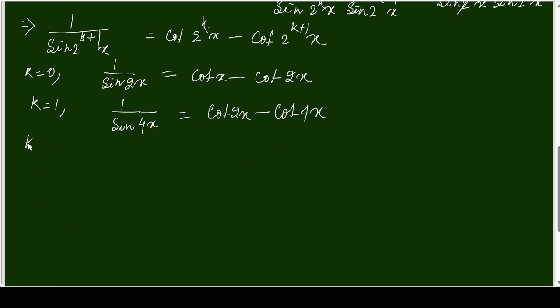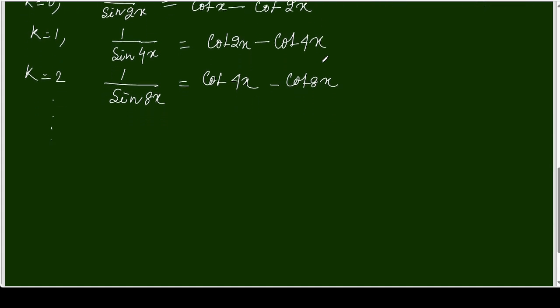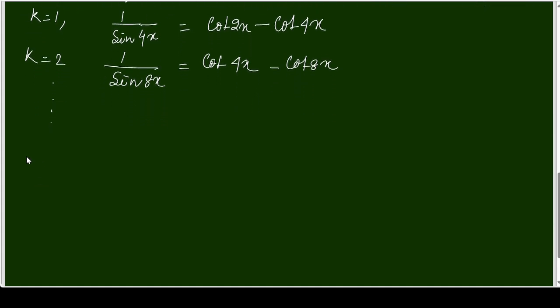When k equals 2, I get 1 over sine 8x equals cot 4x minus cot 8x. And so on, up to k equals n minus 1 and k equals n.